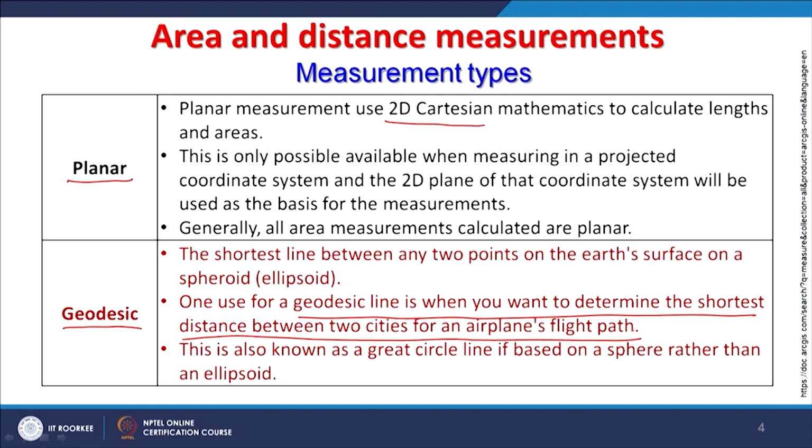So, depending on our requirements, we can choose the measurement type, and of course depending on what type of data input is there. Whether the data has come from a 3D surface, that means a part of the sphere, a curved surface, or from a 2D map like survey topo sheets or some other maps.